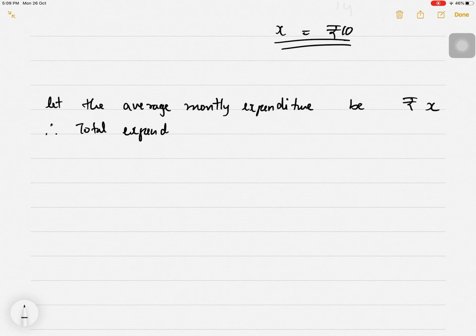Therefore, total expenditure, because there are 50 members, will be 50x.